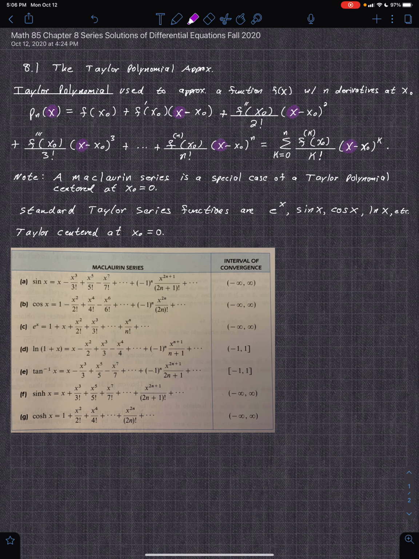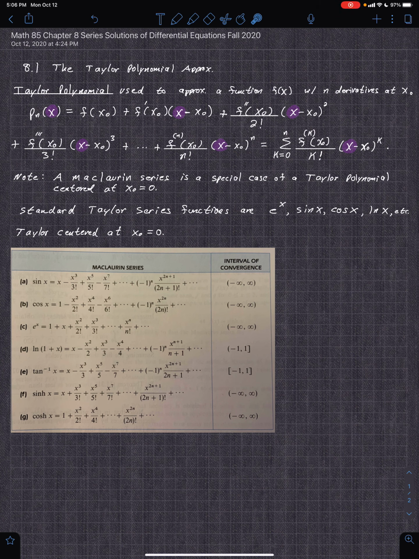Okay, so that's your x. Then you do the second derivative divided by 2 factorial, times the difference squared, and you keep going with that pattern. So this is 3 and then 3 factorial, the third derivative, and then you keep going. So it's the nth derivative evaluated at x naught, over n factorial, times x minus x naught to the n.